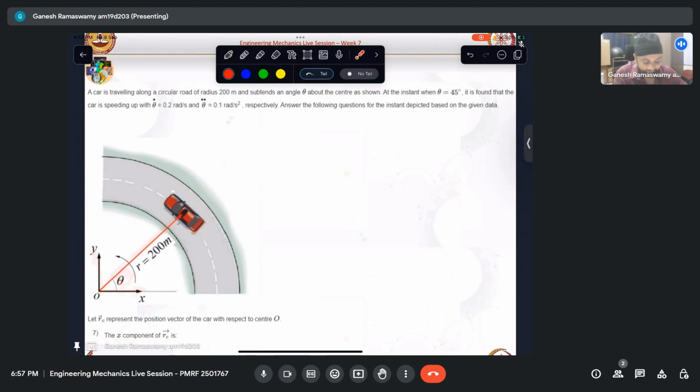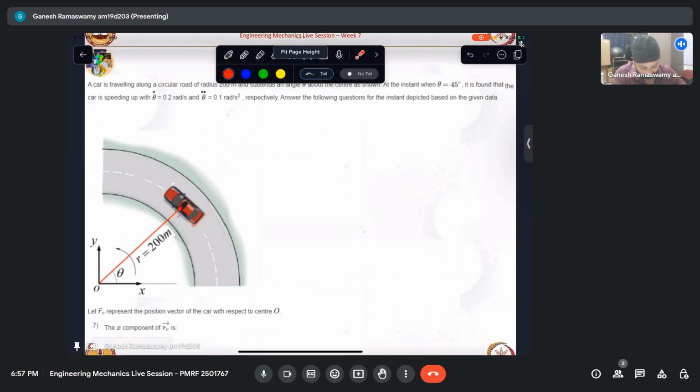At the instant when theta is equal to 45 degrees, it is found that the car is speeding up with theta dot, if this is theta, then theta dot is given to be 0.2 and theta double dot is 0.1 radians per second squared, respectively. Answer the following questions for the instant depicted based on the given data.